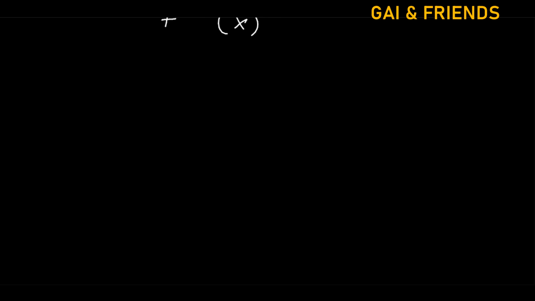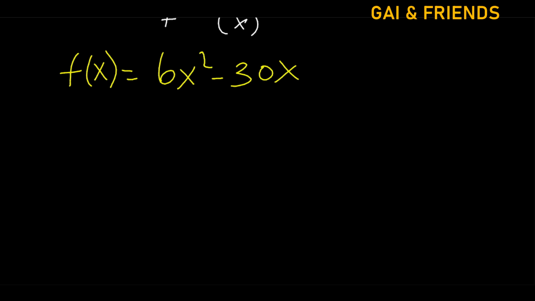Let's do an example so we can better understand it. I'll start with a very simple example. Let's say our function is 6x squared minus 30x plus 36. As you can see, it's already in quadratic form, so we can find the critical points immediately without finding the first derivative.